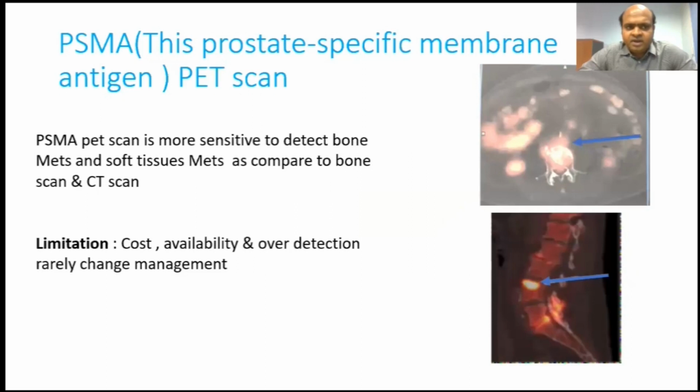Whereas if you are doing a bone scan for bone metastasis, you may need to do another imaging like CT scan or MRI to find out soft tissue metastasis if you are not doing a PSMA PET scan. So that is one major advantage of PSMA PET scan. However, in the current scenario, PSMA PET scan is not the standard investigation for evaluation of metastasis of prostate cancer, though it is widely used by urologists throughout the world.